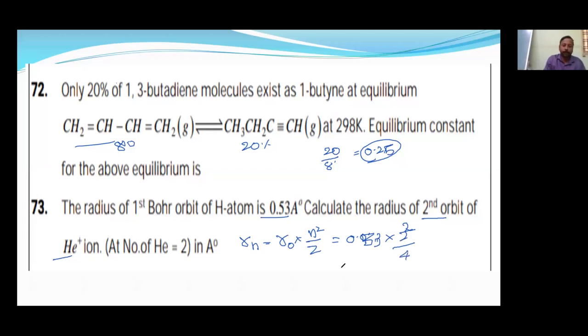On simplifying, you will get 1.06 angstrom. Okay, now let's see the next one.